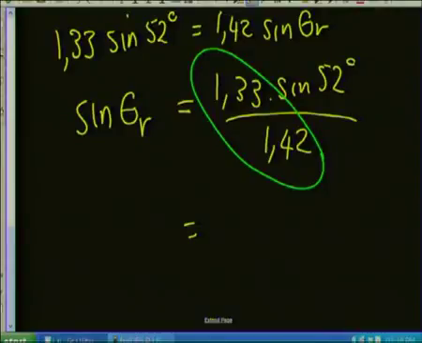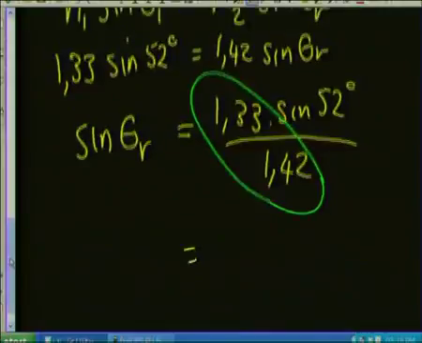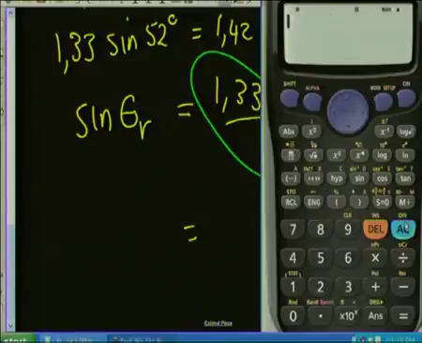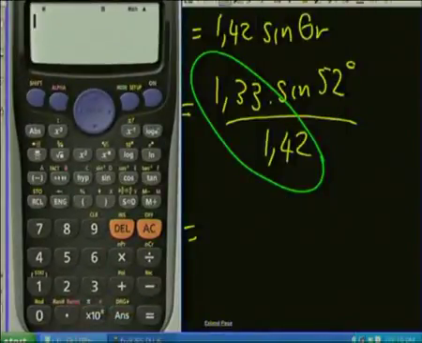A fraction times the sine of 52 is going to give you a smaller number. So we're predicting that the angle should be smaller than 52. Sometimes our predictions don't work out, but let's take this one and see how we go.